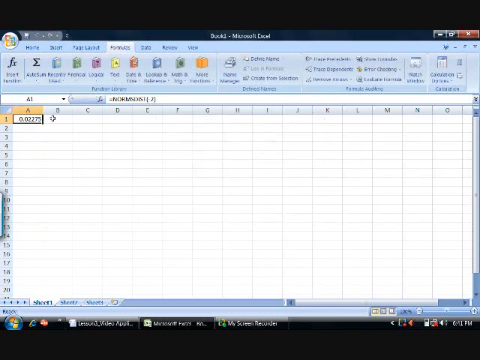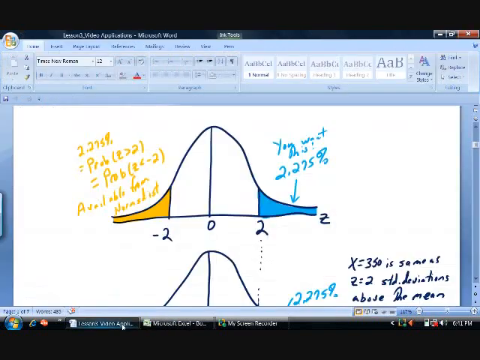And I have 0.02275 times 100 is 2.275%. And if we go back to our application, we have a probability of 2.275%. The area in the lower tail is equal to the area I want up here in the upper tail. Alright, that's application number 1.